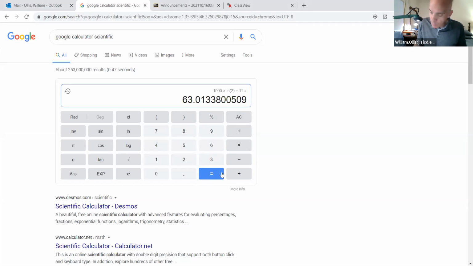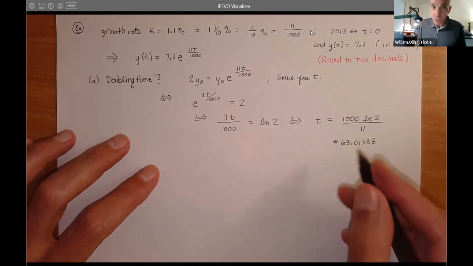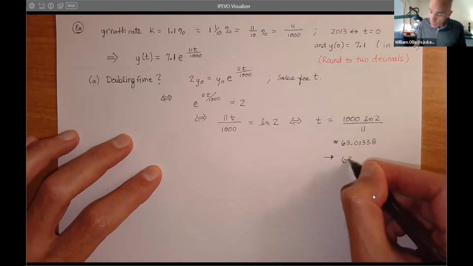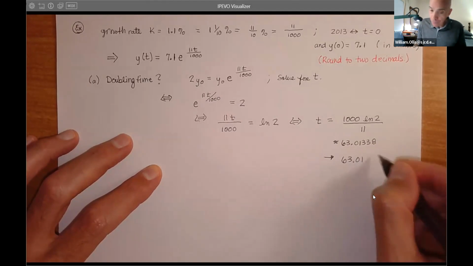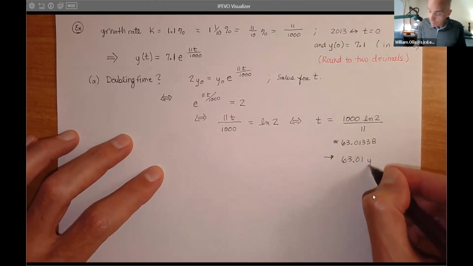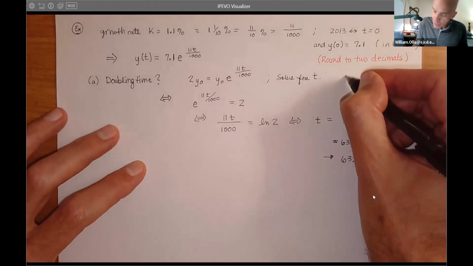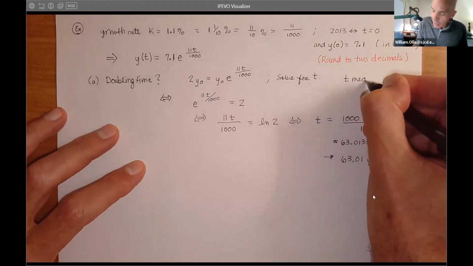So that's approximate. And then, of course, we'll just round to 2 decimals. WebAssign requires that we round to 2 decimals. So this will give us 63.01 years. So again, here, T is measured in years.